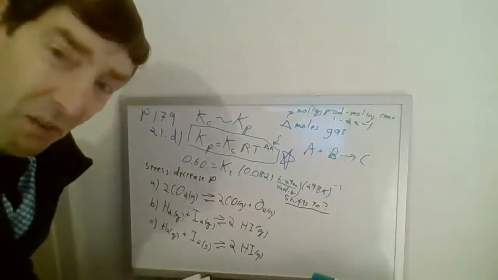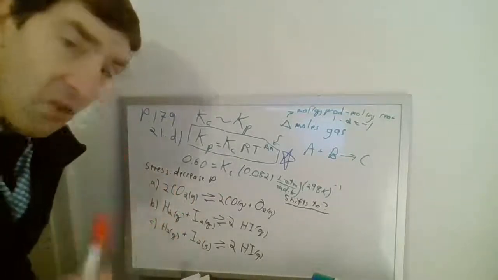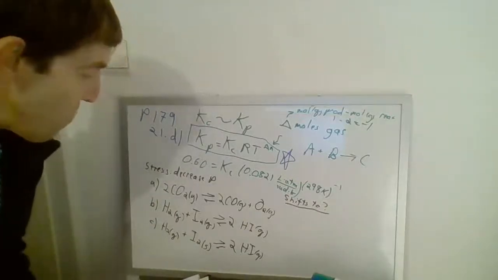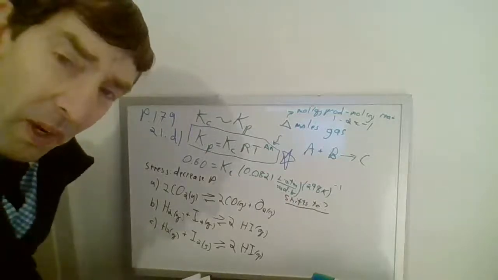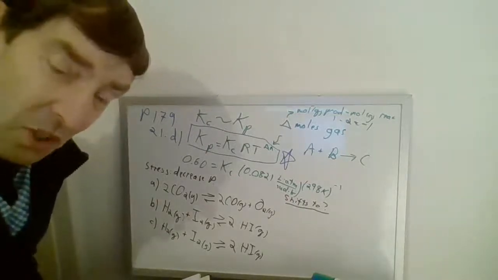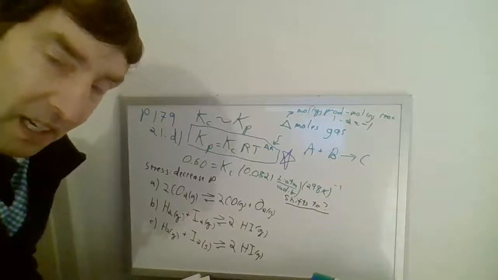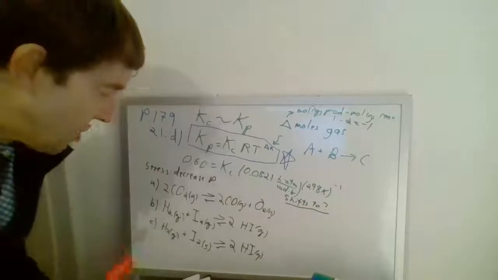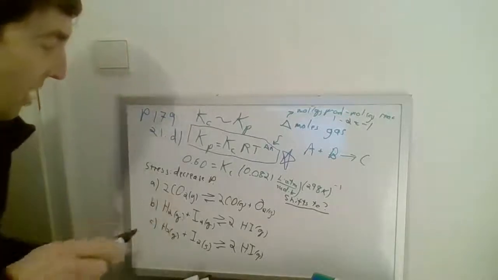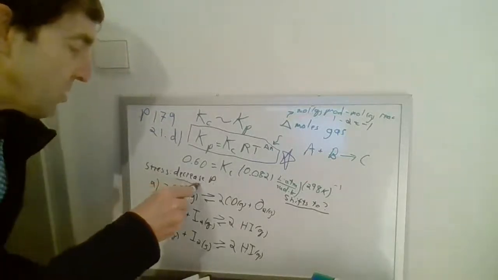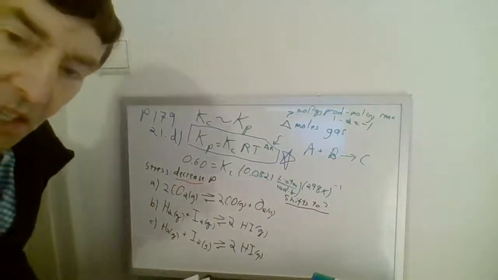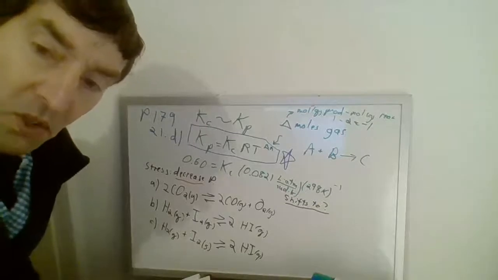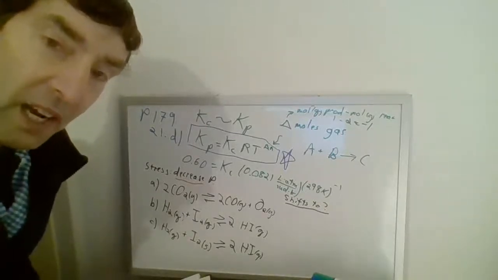There's going to be an effect of changing the pressure if there's a different number of moles of gas. The easiest way I remember is if I increase the pressure, it wants to take up less space, so it's going to squeeze to the side that takes up less space. But notice what my stress is. My stress is decreasing the pressure. So in this case, it will shift to which side?